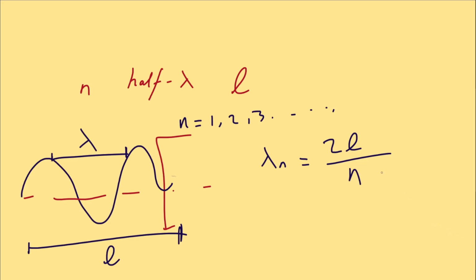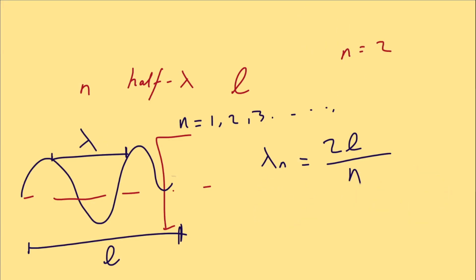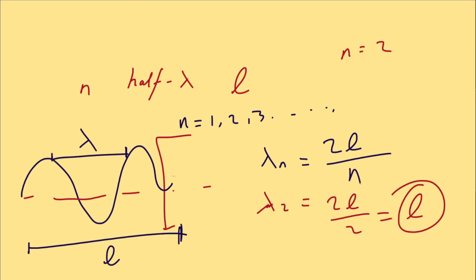So, if n equals 1, let's try that formula. It's equal to 2 times L. That means half a wave fits on this length. Let's say n equals 2. That means it's 2L over 2, which is L. That means the wavelength is equal to the length of the string, so one full wave fits.